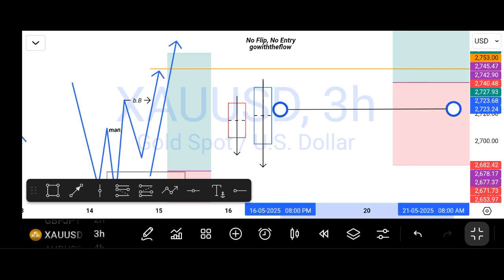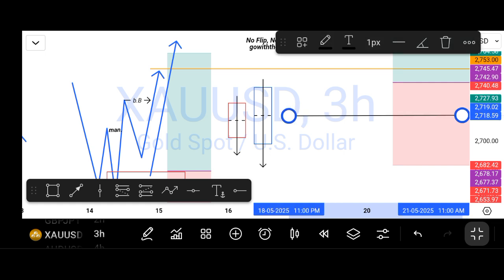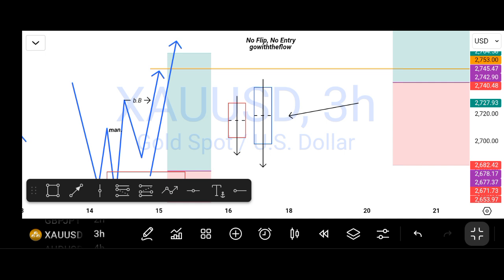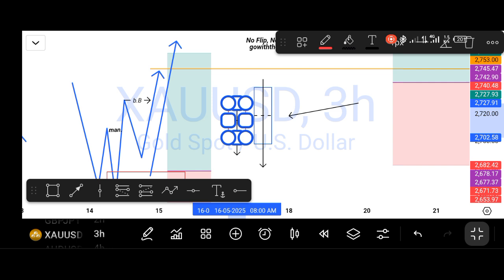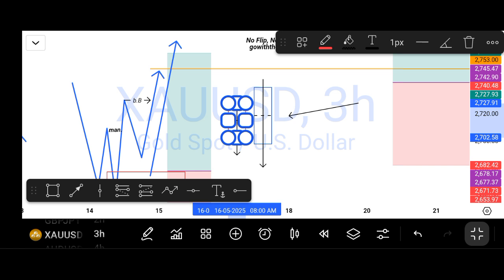an engulfing candle is a candle that, if you are looking at it from the right side like this, look at where I'm pointing this arrow. Let's say you are standing at this location and you are looking at this candle, you will not be seeing this other candle, because this candle has covered it.